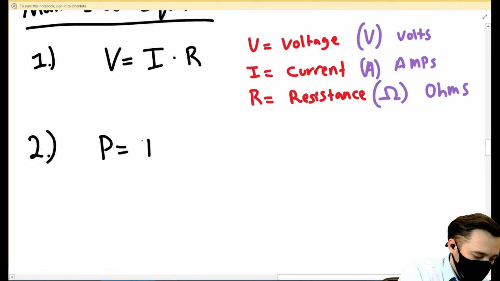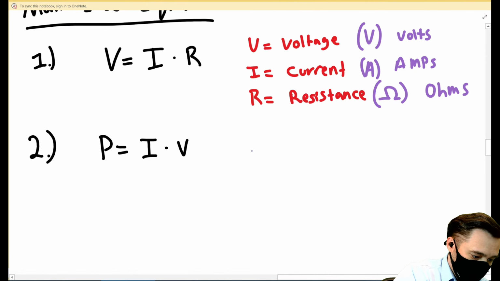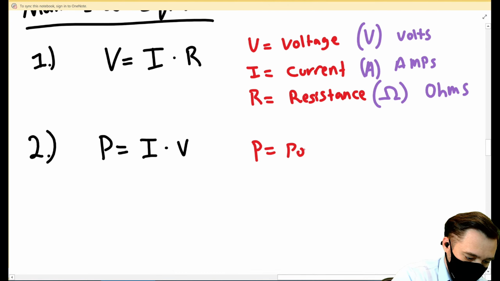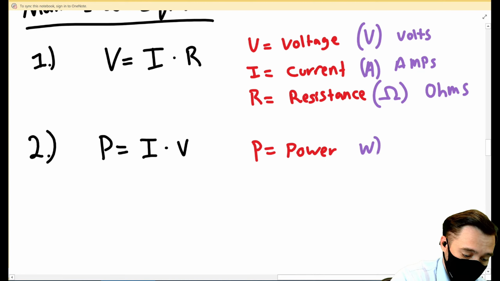The first one is going to be P is equal to I times V, where P is power. And the units for power will be watts. So that's a capital W. That's two T's.